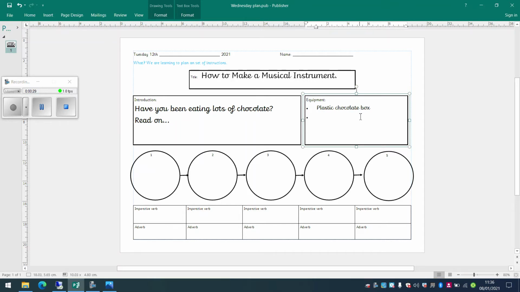I had chocolate wrappers, and I used some wrapping paper and some glue. And some scissors. So pause the video and write your list of equipment now.